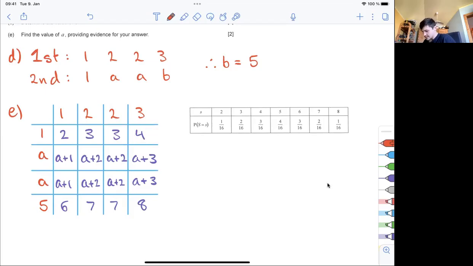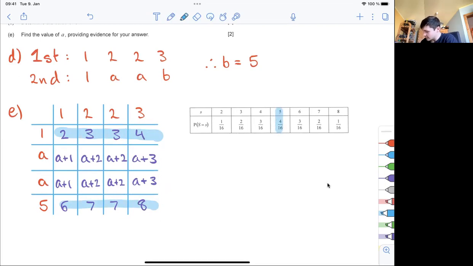But the easiest way to answer this is that in our definite sums, in this top line here and this bottom line here, we have no sums of 5. That means some of these sums are going to have to add up to 5, and there's going to have to be 4 possibilities for them.